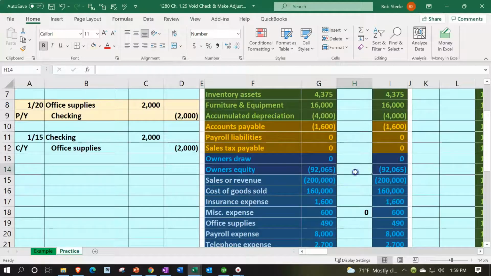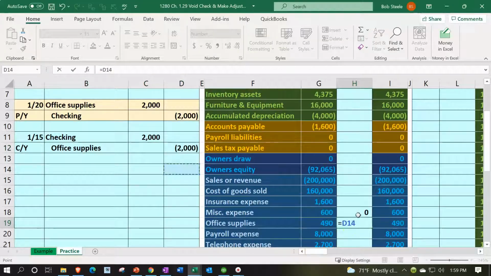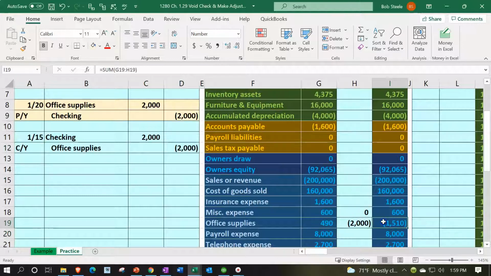I'm not going to mess with the equity account, but I'm going to record the negative amount to office supplies in the current period, which is going to be down here in office supplies, which makes a negative office supplies, which looks funny. How could it be a negative office supplies when I increase the office supplies with this check? Because this 2,000 cleared into the equity section and is no longer represented in the current year's numbers down here.